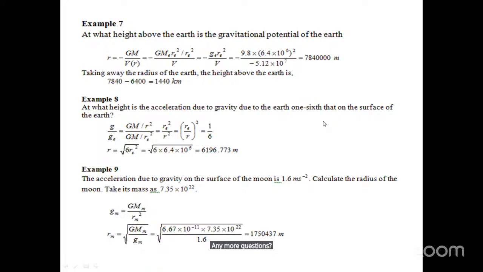Not at all. I've not explained example 7. Sir, please, I don't understand how g turned to G M_E R_E squared over R_E squared. When you multiply and divide by the same thing, do you get it?